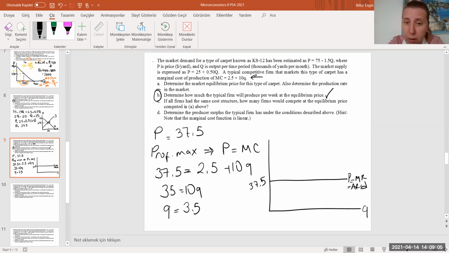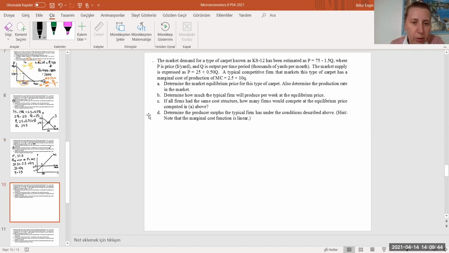The marginal cost function is not a U-shaped function here. Please try to see: 2.5 plus 10Q is a positive slope linear function. If Q is 0, marginal cost is 2.5, so it will start from somewhere here, with positive slope. That is marginal cost, and price and marginal cost are equalized at point E, and a typical firm will produce 3.5 units of this good.